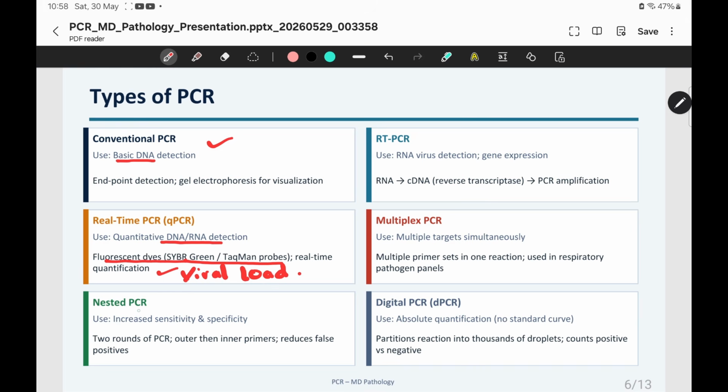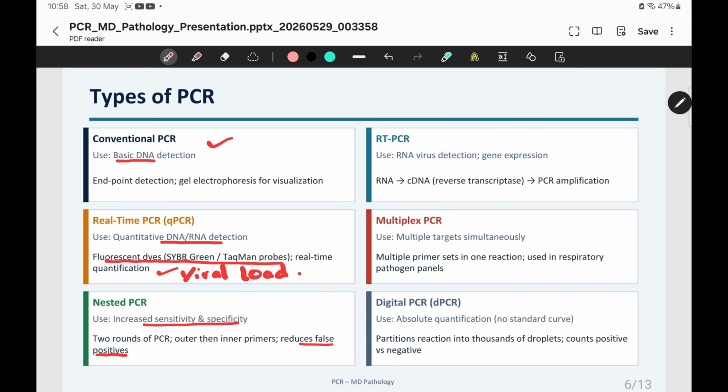Now the nested PCR, this process is a highly sensitive and specific type of PCR. In this PCR, 2 rounds of PCR happen, and it reduces the false positive results.